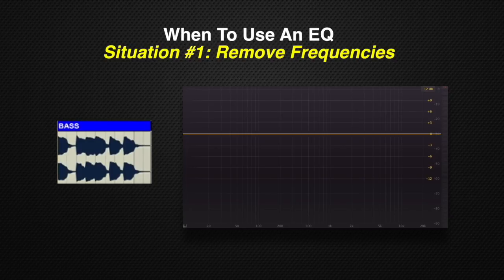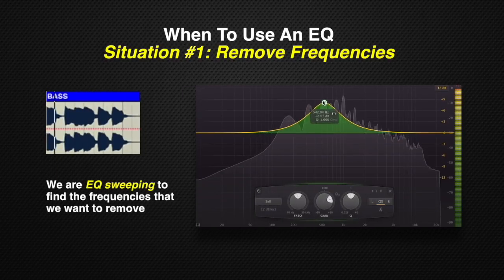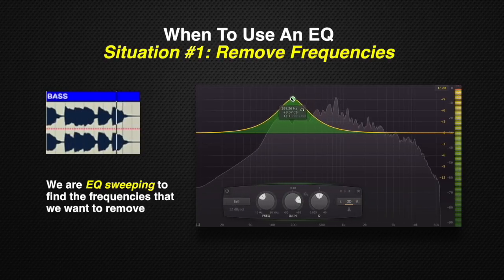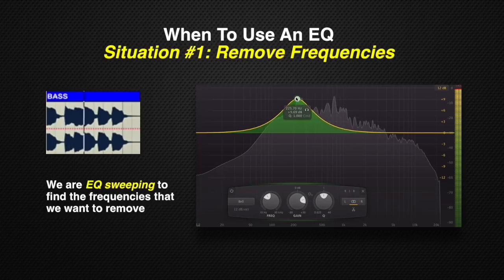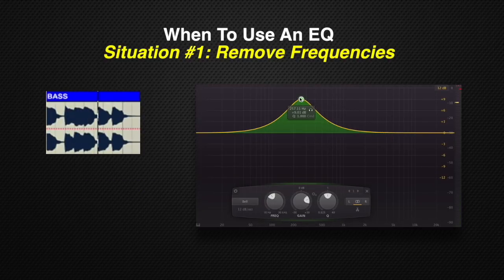So let's go ahead and do this EQ sweeping. So around 257 hertz is where I hear a little bit too much mud in the sound, and I'm going to want to be removing these frequencies.